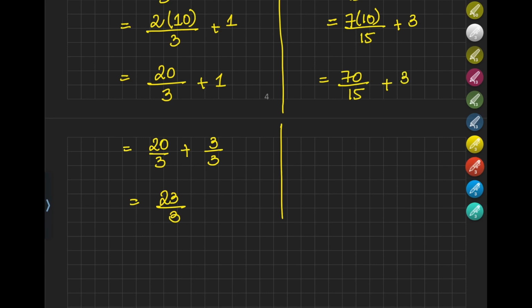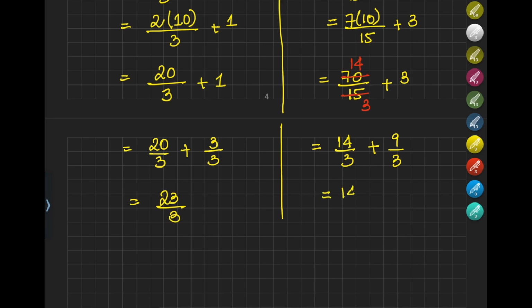Now if I divide 15 and 70 by 5, I get 3, and 70 divided by 5, I get 14. So 14 by 3 plus 9 by 3.